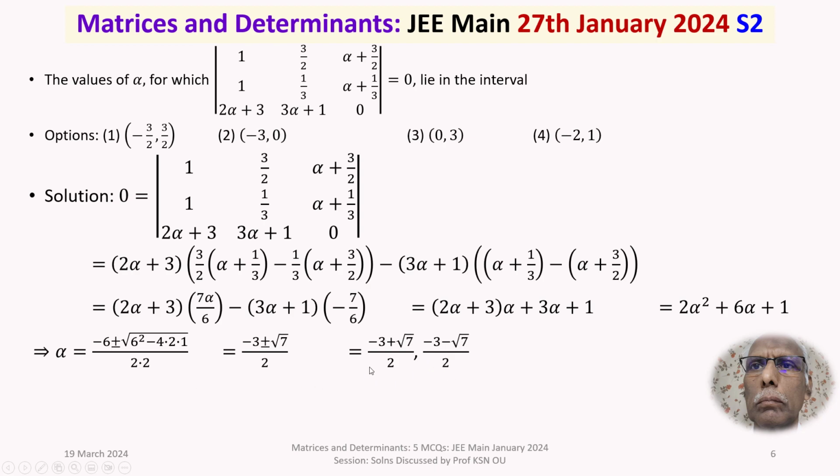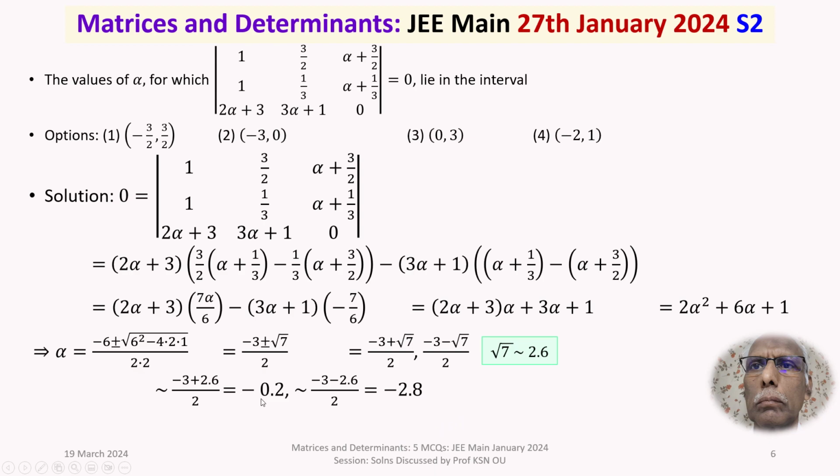The question is where these alphas lie. So for that, what we take is an approximate value of root 7. We have 2.6. Let's put it that way. So this will be minus 3 plus 2.6 by 2, approximately equal to minus 0.2, and minus 3 minus root 7, that is 2.6, by 2, is approximately minus 2.8.